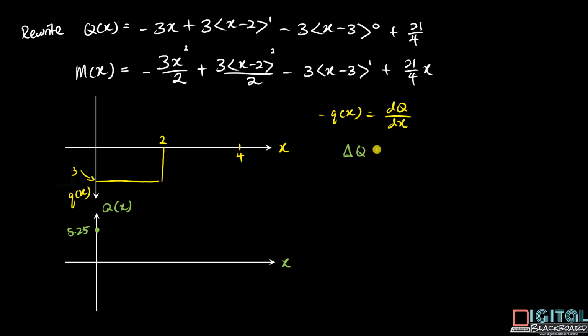So delta q is actually equal to minus the integral of qx dx. And the area of this rectangle is actually 2 times 3, equal to minus 6. So from here, the shear force diagram drops down by 6 units.